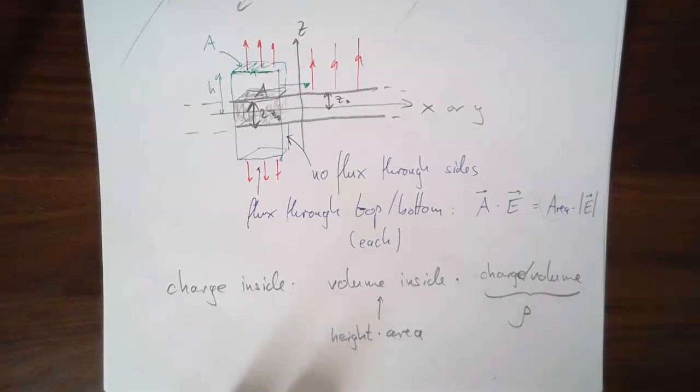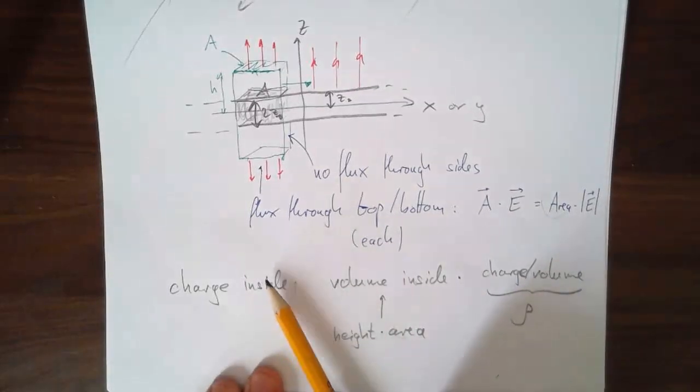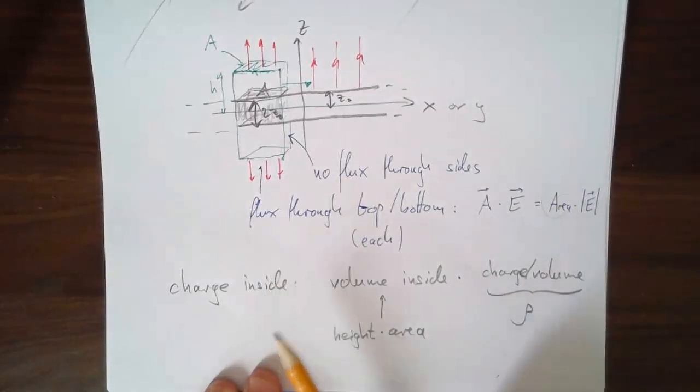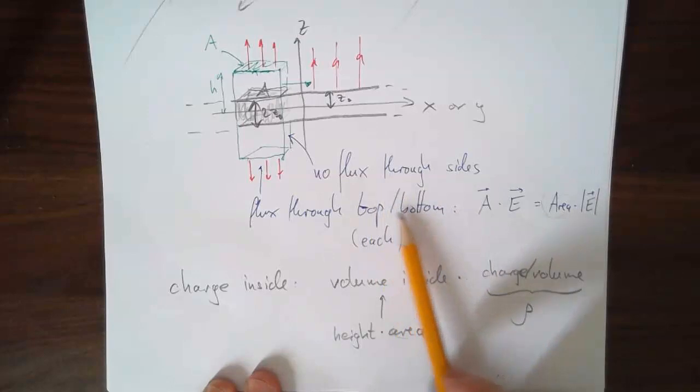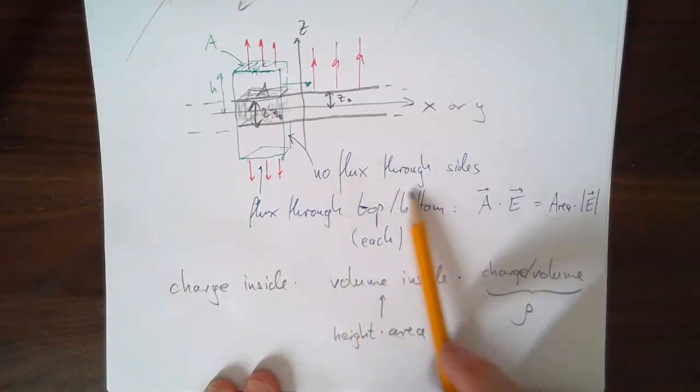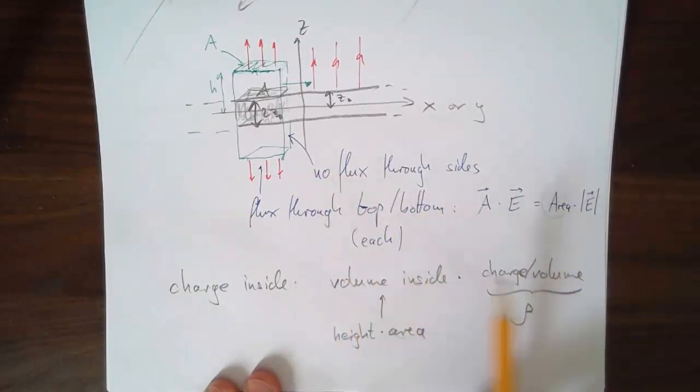So now you can apply Gauss's law. I'm not going to write this down for you. You can do this by now. Charge inside over epsilon naught, that's the right hand side of Gauss's law. Total flux, like you've worked it out here, that's the left hand side of Gauss's law.